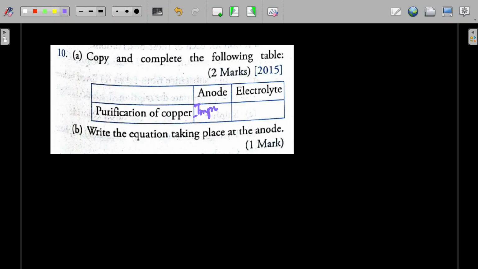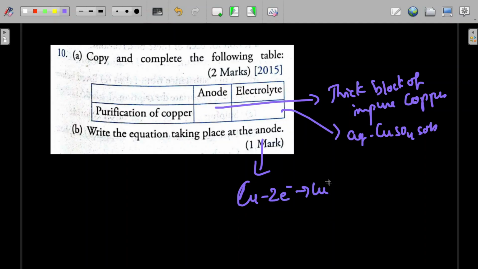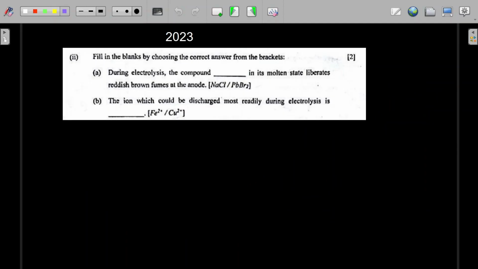Aqueous copper sulfate solution. Yes. So we will take thick block of impure copper, and electrolyte will be aqueous copper sulfate solution. A reaction taking place at the anode. Anode will be copper itself will lose two electrons and become copper ions.